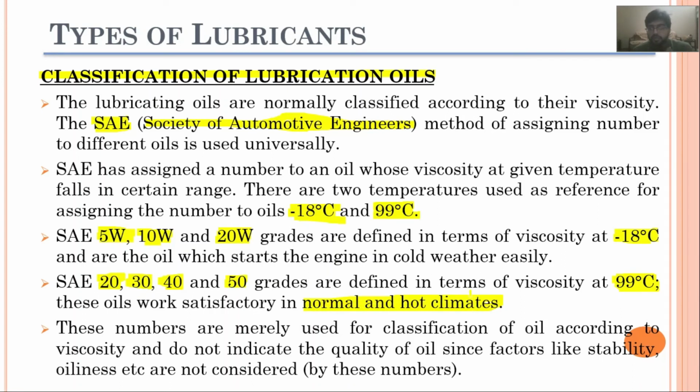So I hope it is clear to you that 5W, 10W and 20W mean that they will operate very effectively in cold weather conditions, and W represents winter, while SAE 20, 30, 40 and 50 represent the grades of the oil in terms of viscosity at 99 degrees Celsius. Means they would operate quite satisfactorily in normal and hot climates.